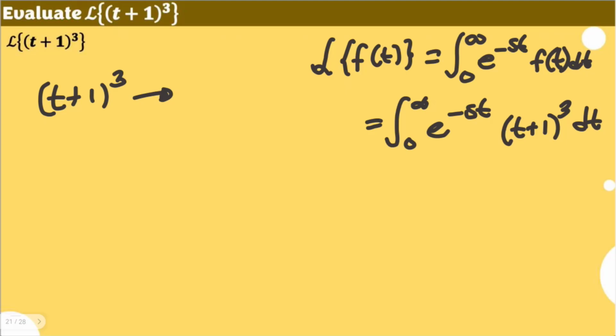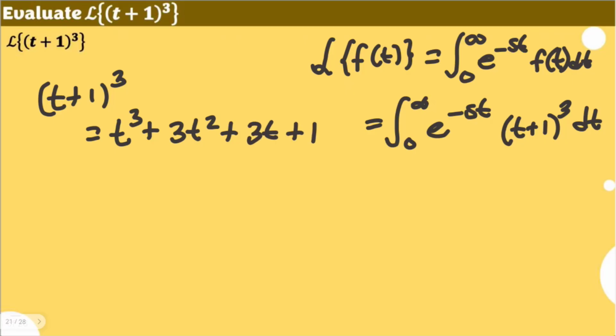Take note that the cube of t plus 1 is equivalent to t cubed plus 3t squared plus 3t plus 1. This will then be used instead of the cube of t plus 1 in our Laplace transform.